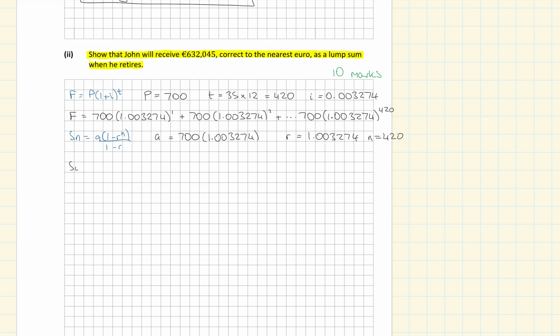So we get the sum to 420 is equal to 700 times 1.003274 multiplied by 1 minus r to the power of n, which is 420, all over 1 minus r.